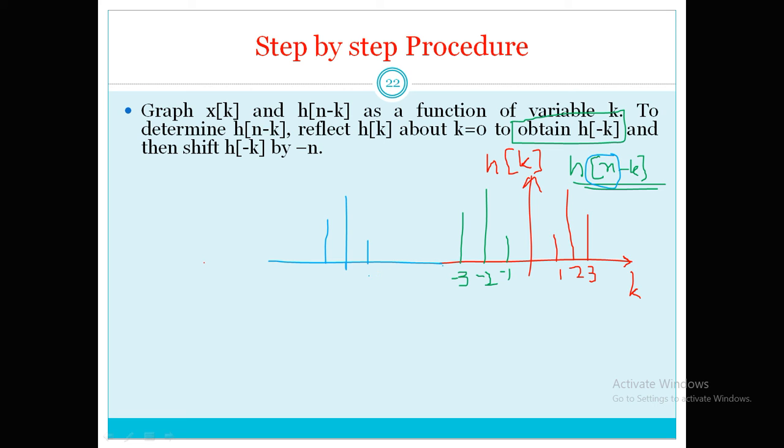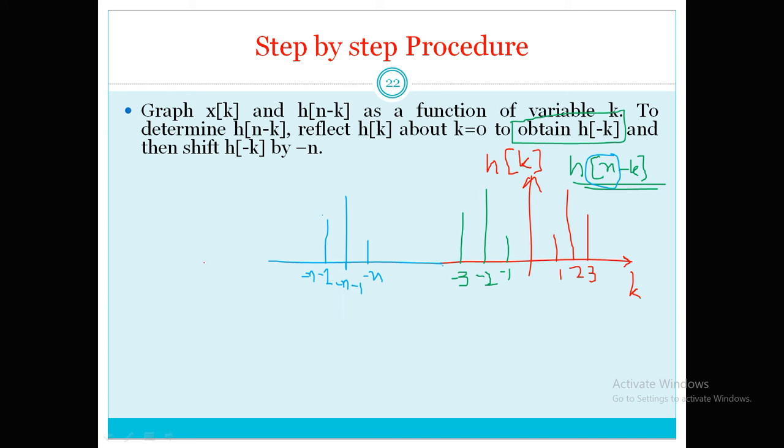So minus n should be like this. Minus n is here. This is minus n. What will happen? Minus n minus 1. Similarly, this part is minus 1 minus 2.